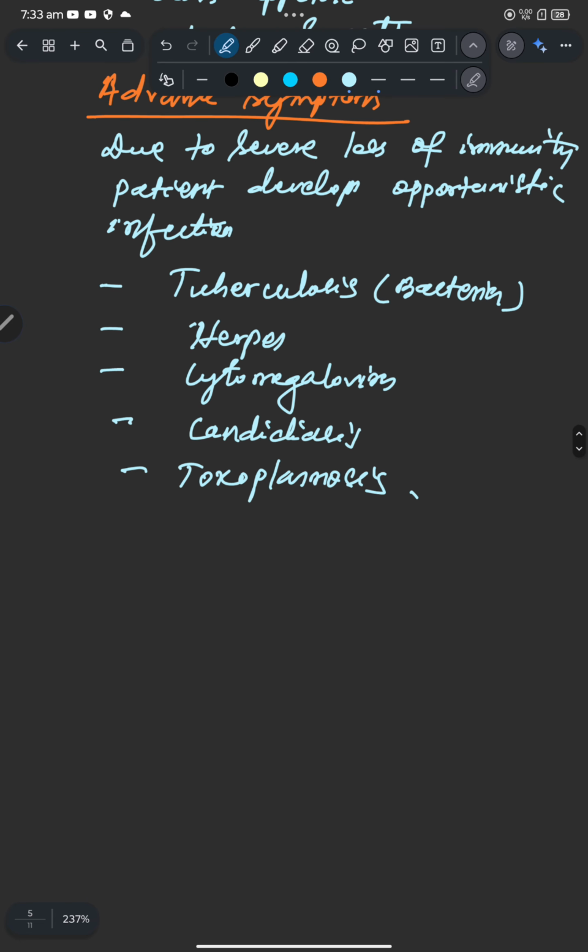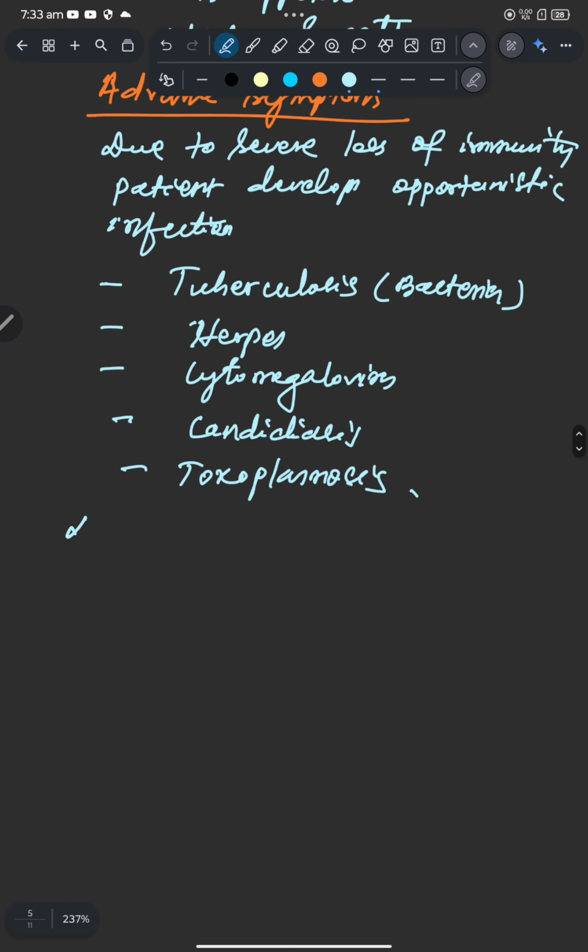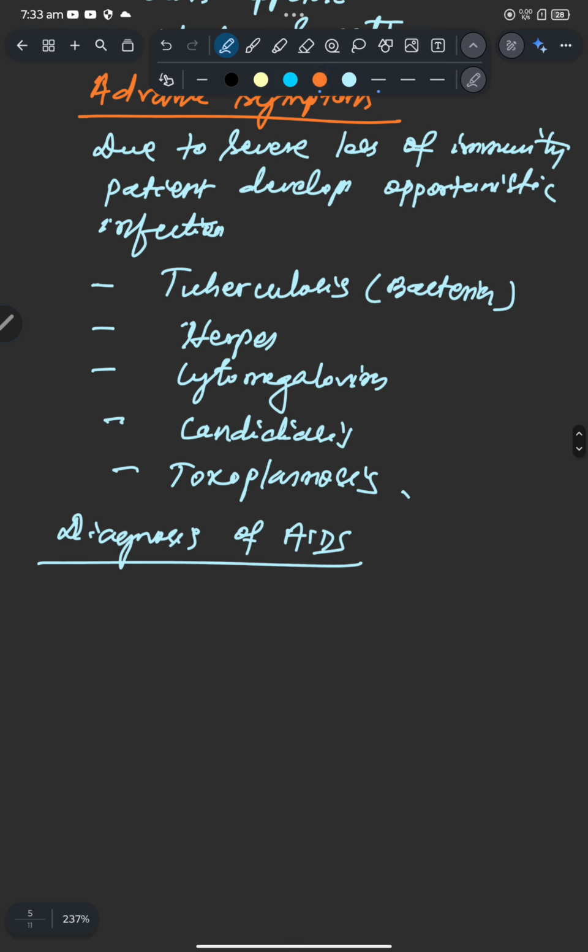Okay. Now how to diagnose AIDS? एड्स को कैसे डायग्नोसिस किया जाता है? There is a test known as ELISA.